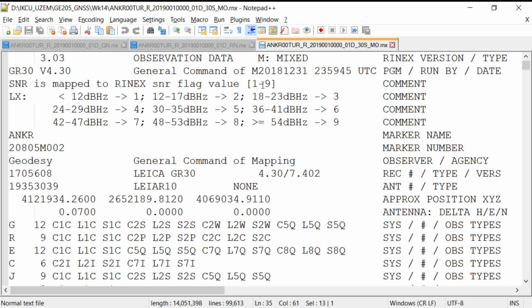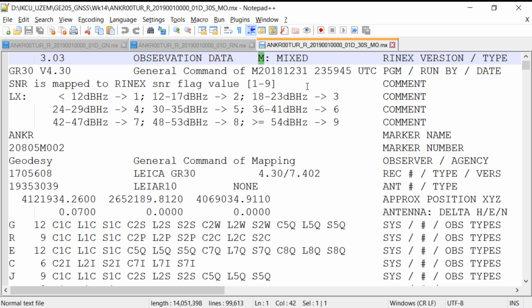Before, you have seen this, for example, for the navigation message file. So you recall G for GPS, R for GLONASS, and M here you see mixed. This means this station can collect data from multiple systems, from several satellites.